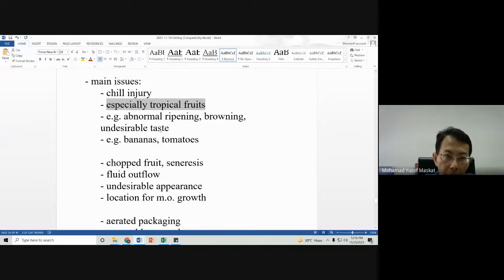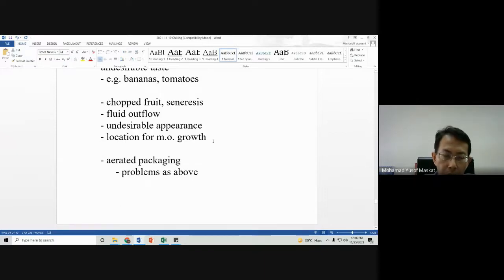And then another issue is for chopped fruits. Nowadays we can see a lot of products where in a container you have different types of fruits, a little bit from each type. This is a ready-to-eat fruit product.